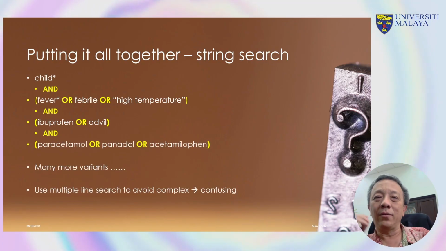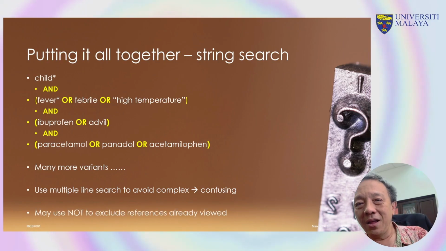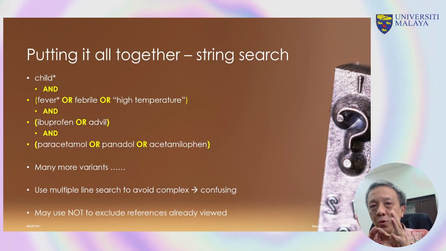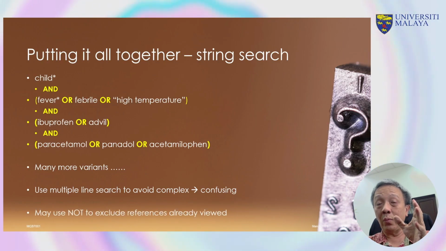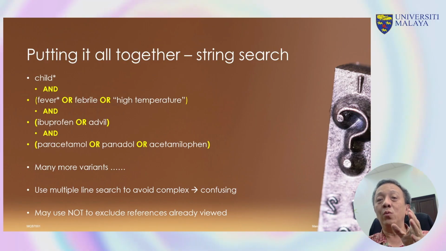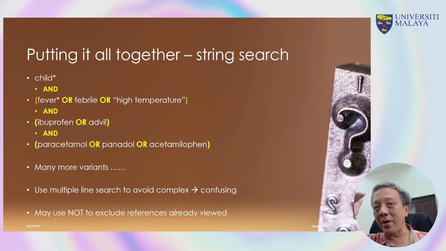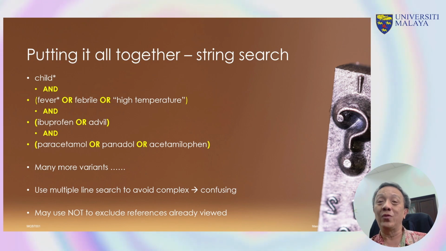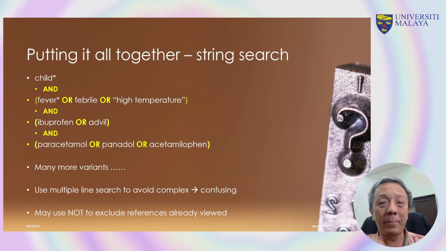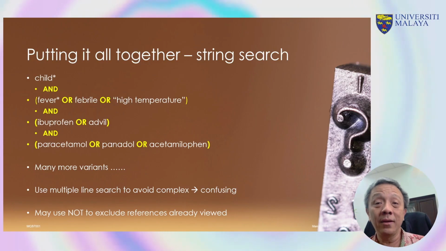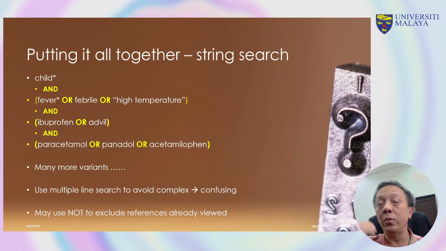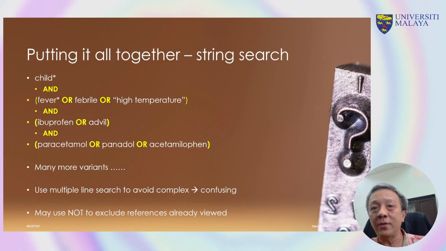If you study it clearly, for terms which mean the same thing with different variants, we use OR because we want to be inclusive. But comparing between the P, I, C, and O, we will use AND. Same thing for P, E, and O, and for D, D, and O. That is the simple way of thinking about it.